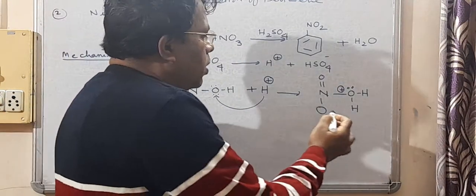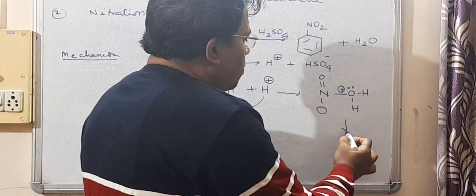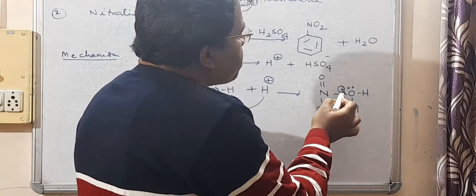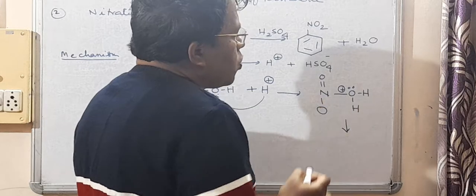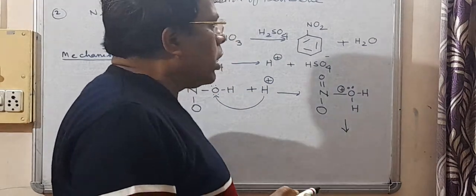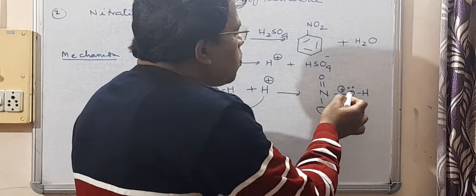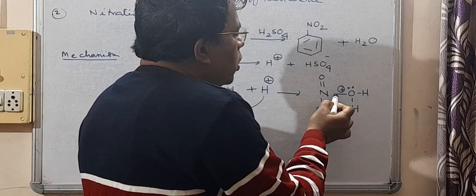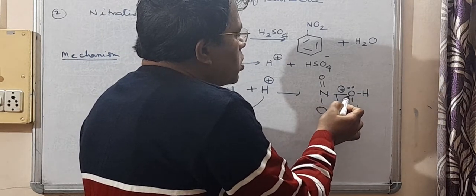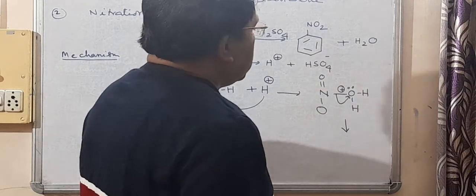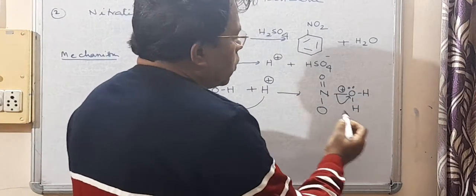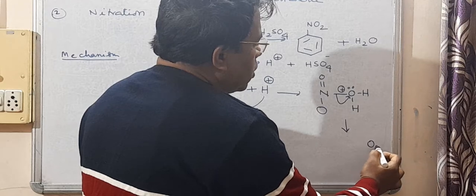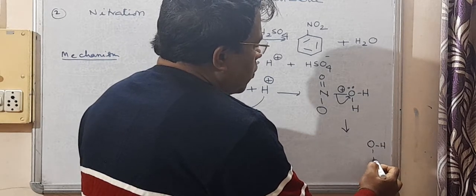In the next step, since we know oxygen is highly electronegative, and now this is O plus, O plus will be more electronegative, and this bond electron will immediately go towards oxygen, and we get this water unit.